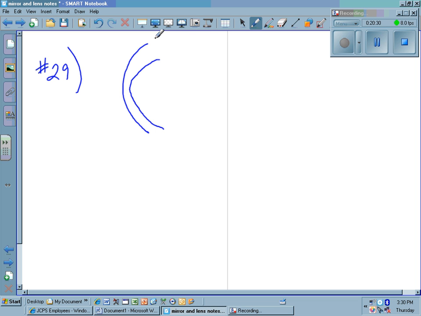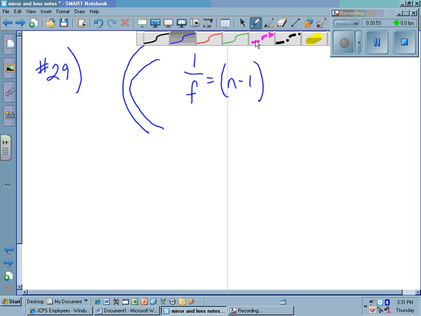So what you're going to have to do here is use a different formula to get that focal length. We're going to take n minus 1. The reason for that is, let's say this contact lens is made out of plastic or something of that nature. Plastic has a different index of refraction. A light ray coming in from air into the plastic is going to get refracted a certain amount.